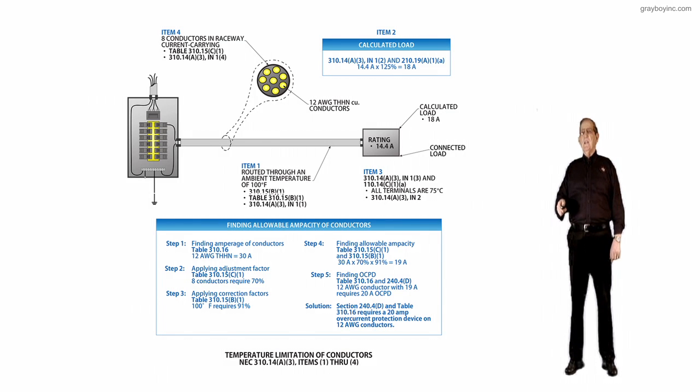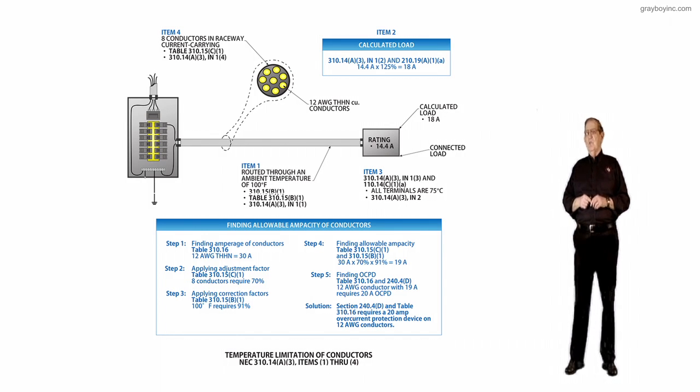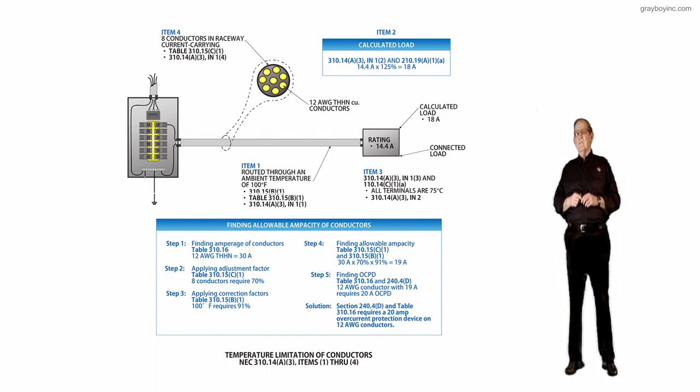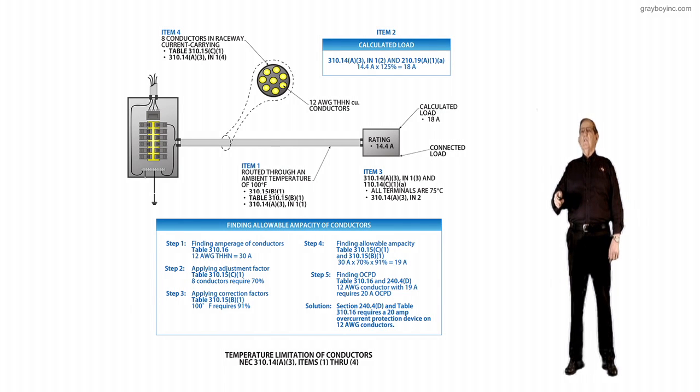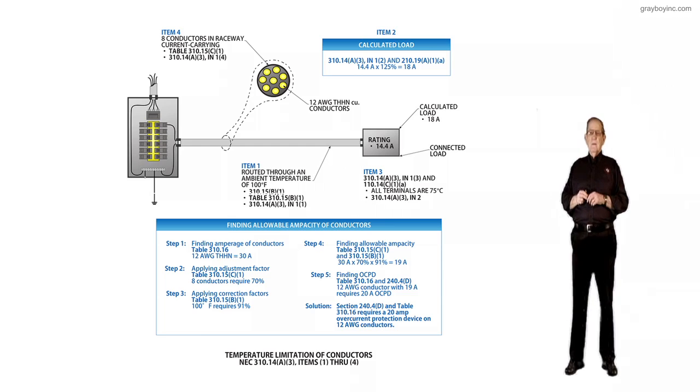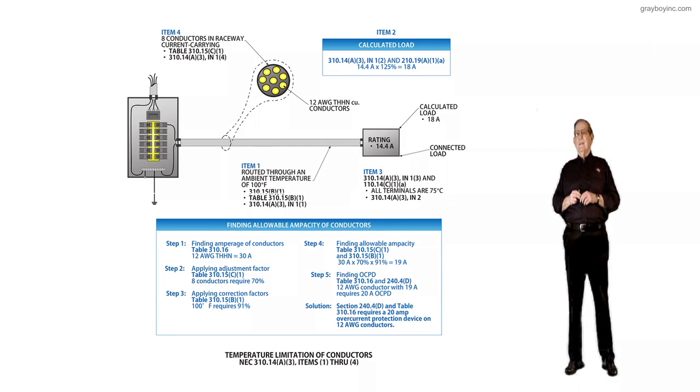So the 20 amp device protects the 60 degree 12 AWG conductor wiring that's good really for 25 amps, but it protects it at 20. And then the 20 amp overcurrent device matches up to the calculated load, moving up to the next size, which 240.4(B), B as in boy, allows.